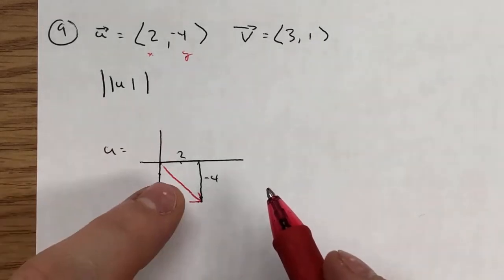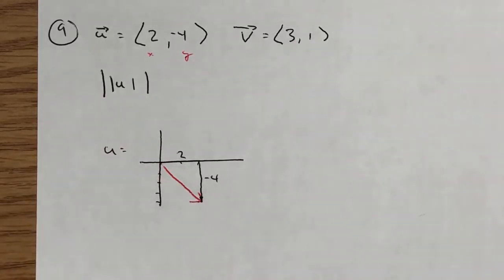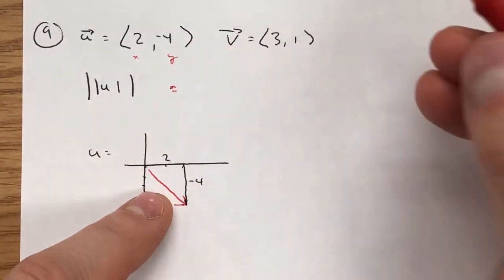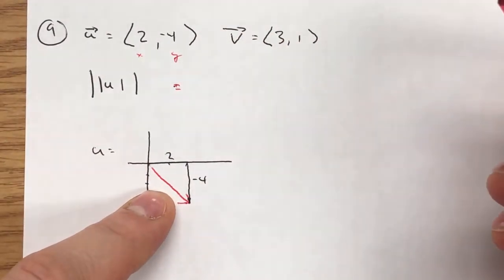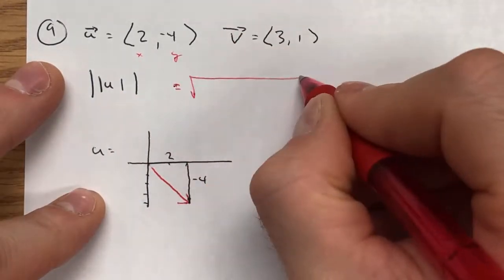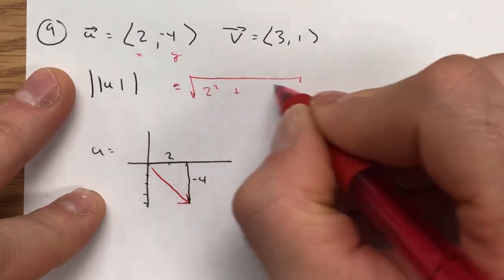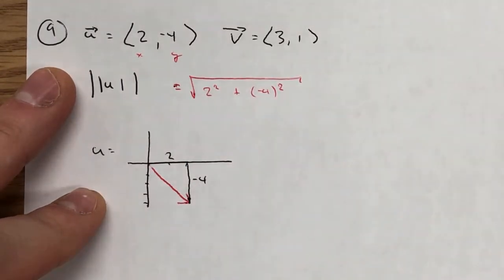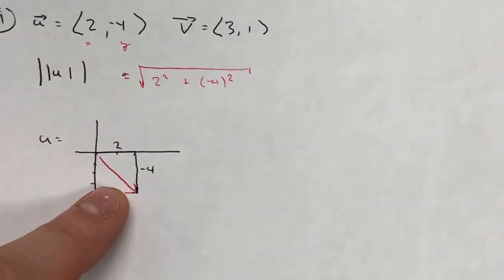I want to know what is the length of that. So to find the magnitude of this vector, I literally just take the Pythagorean theorem. Or if I wanted to use it in the formula, it's the square root of 2 squared plus negative 4 squared. If I wanted to plug it into the formula, I would get that. But again, it's just set up using the Pythagorean theorem.